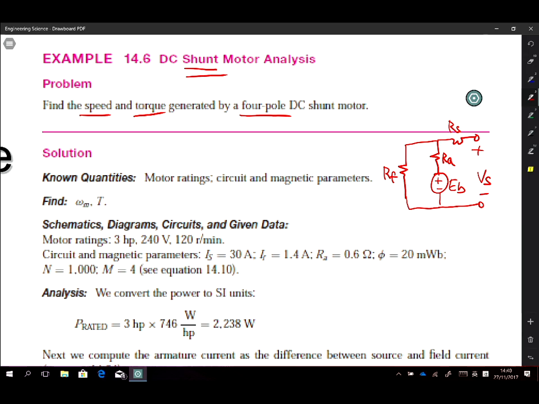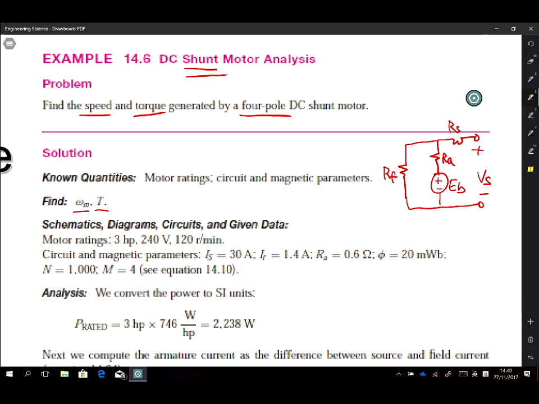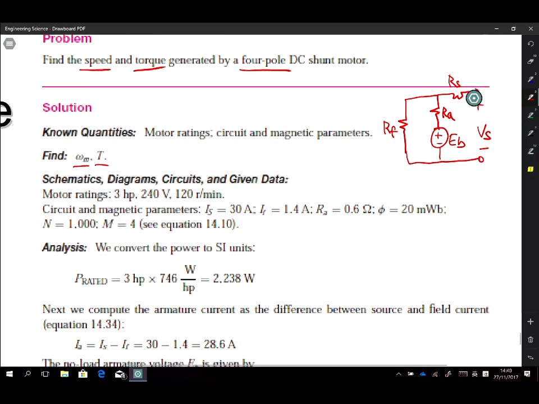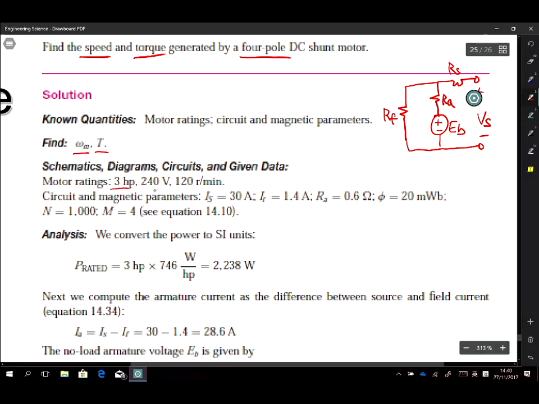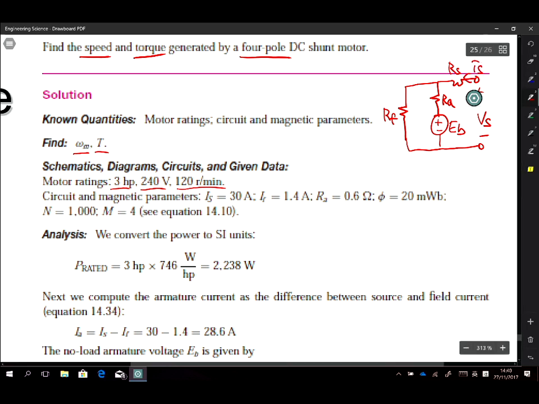In this problem, we are looking for omega m and torque, and we give you some parameters for the motor. It is a 3 HP, 240 volt, 120 rotation per minute motor. We have the circuit parameters: IS, the input current, equal to 30 amp.